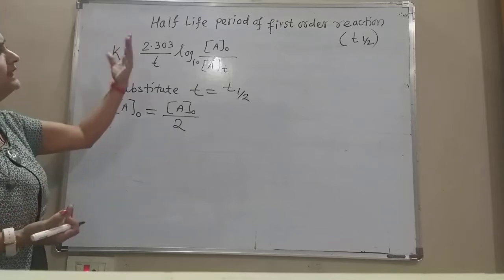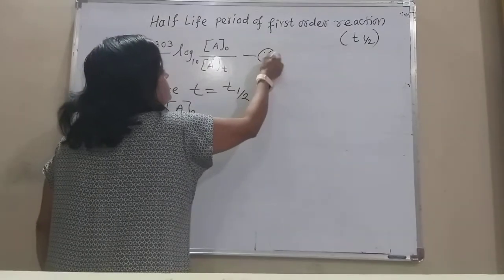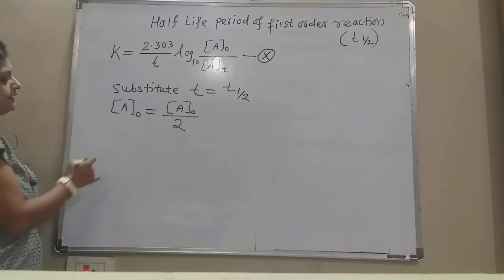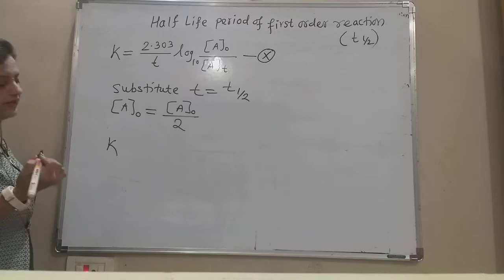Substitute this value in this equation. Then what is the rate law for the first order reaction? That is how we can calculate the half-life period.